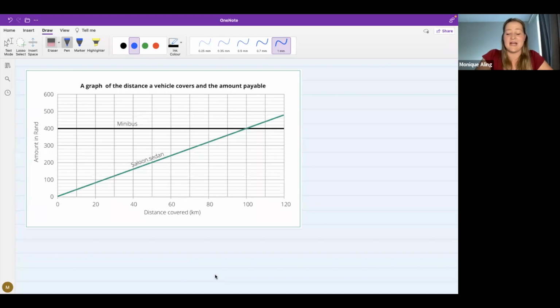The constant line, okay. So for the minibus, okay, so no. Phyllis, I see your message.